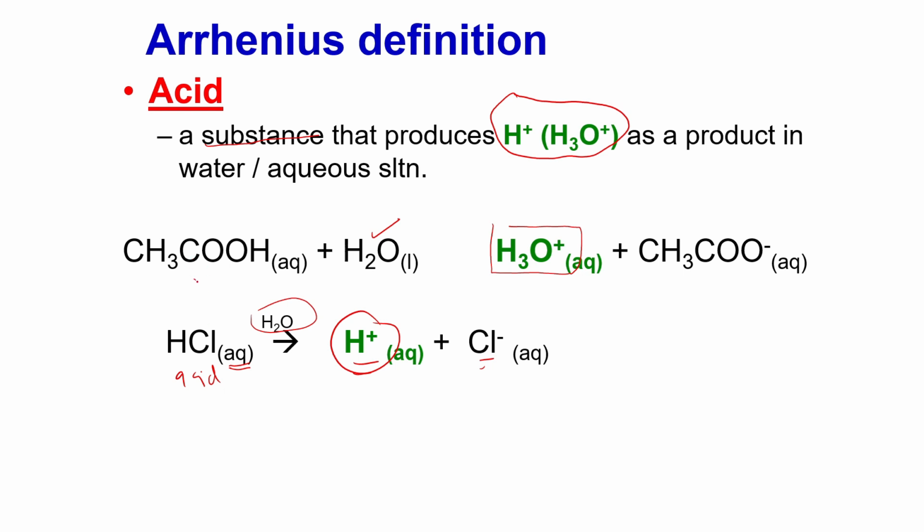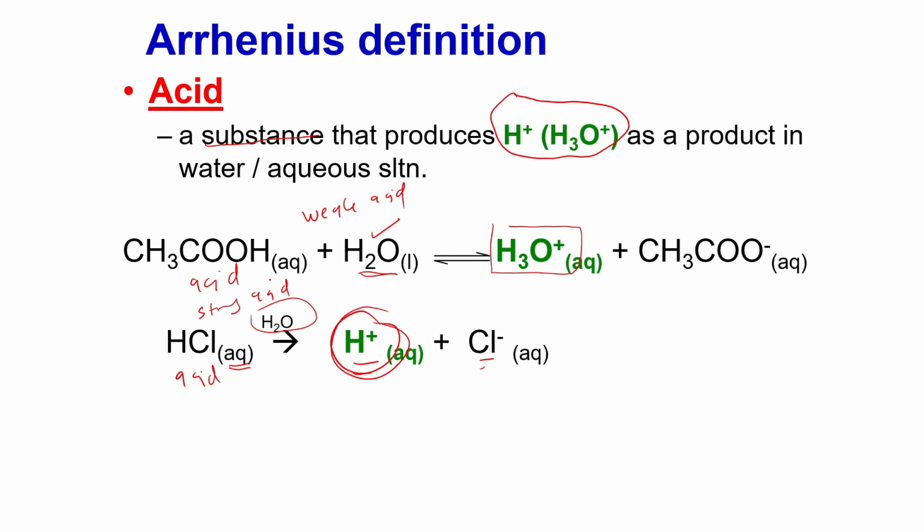Ini pun acid. So kita ada dua equation. So kalau dia reversible sini, meaning sini ada H2O. So kalau ini untuk weak acid reaction, dia ialah strong acid. So 100% dissociation. Tapi yang penting dua-dua pun hasilkan H+ ataupun H3O+ sebagai produk.